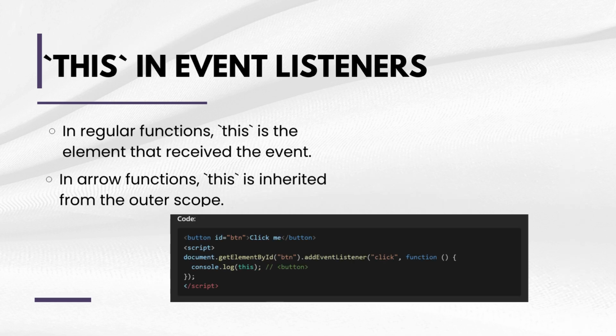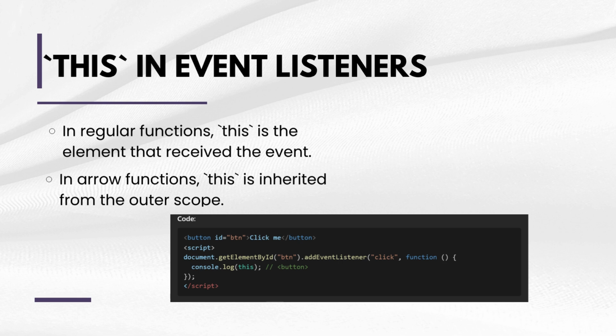The last thing we are going to see about this is how this behaves in an event listener. In a regular function, this refers to the element that receives the event. But in an arrow function, this comes from the parent, inherited, as we discussed previously.